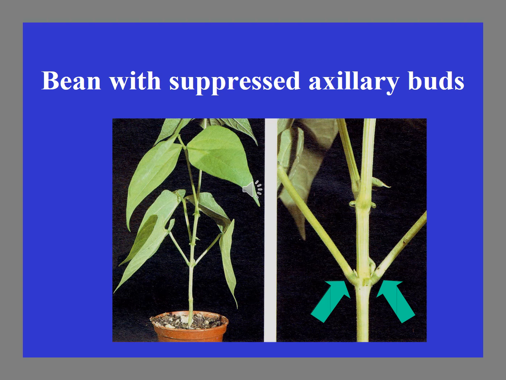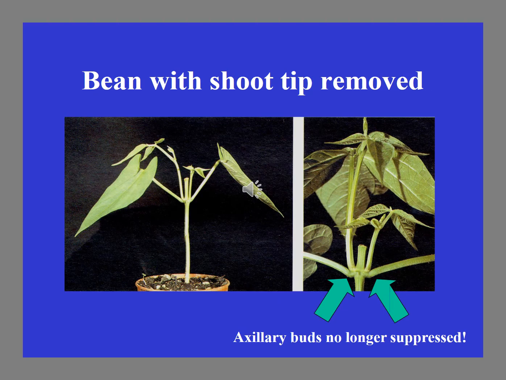They're these lateral shoots found right in the armpit between the branches and the main stem. Those are not growing. They've been suppressed because the auxin is being produced in the tip of that stem. In here, the shoot tip has been removed, and now those lateral buds are not being suppressed. Auxin is not being produced as much there. It's not suppressing lateral growth, and the lateral or axillary buds take off.